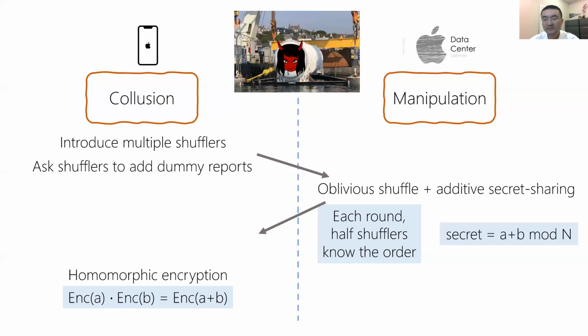So to prevent the shufflers from colluding among themselves, we introduce homomorphic encryption to the oblivious shuffle protocol. And homomorphic encryption ensures that multiplying two ciphertexts gives a ciphertext of the addition of the two plaintexts.